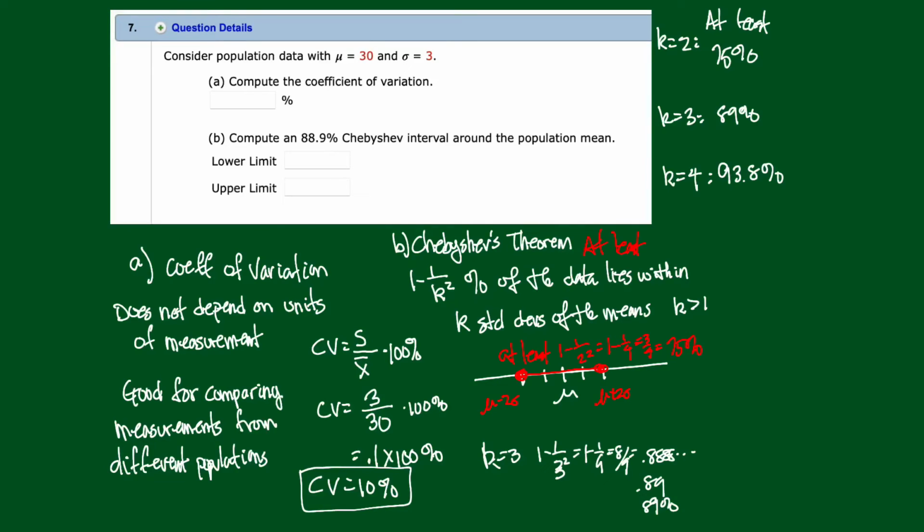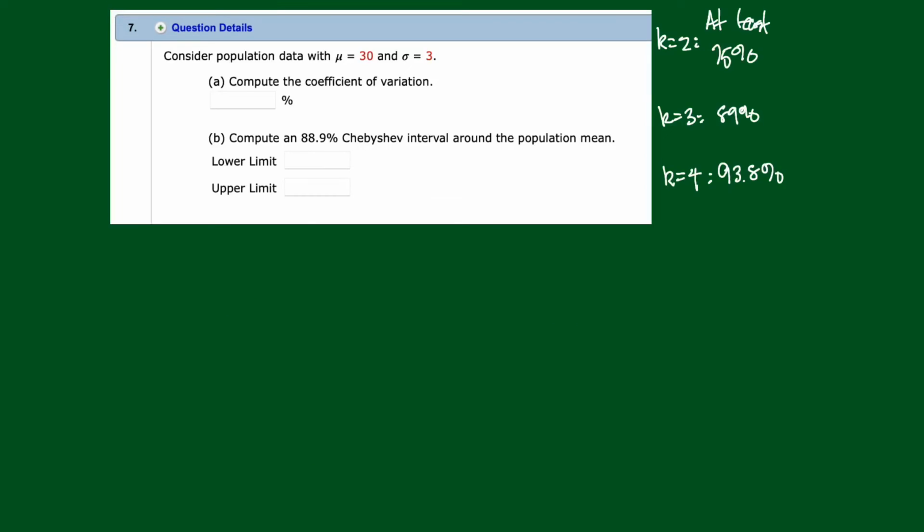Now our problem says, compute an 88.9, that's actually this one right here, I rounded it off. Compute an 88.9% Chebyshev interval around the population mean. So the mean is 30. Now we want to get a lower limit and an upper limit. Let's draw a picture of what's going to take place here.